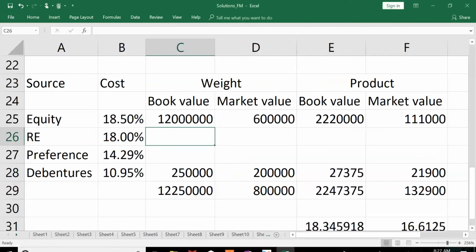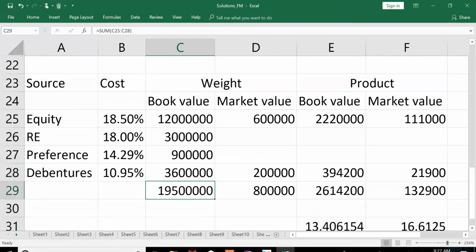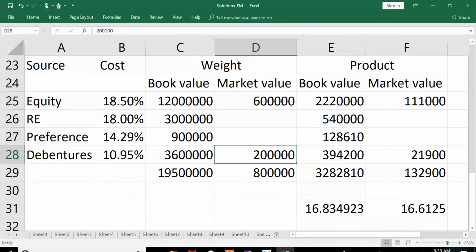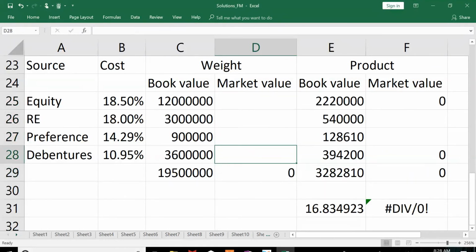Retained earnings was... the cost is 13.41%. Book value is not 13 point, sorry, 16.83. Are you getting that answer? 16.83. Book value is 16.83.